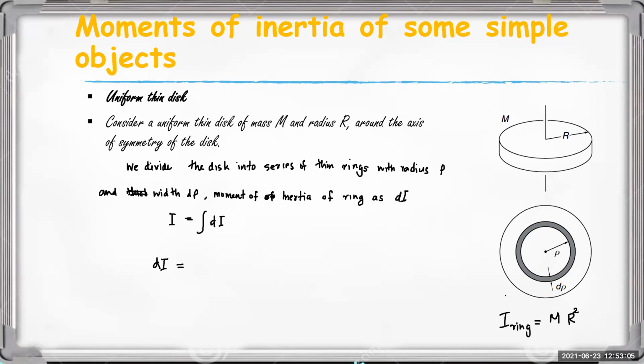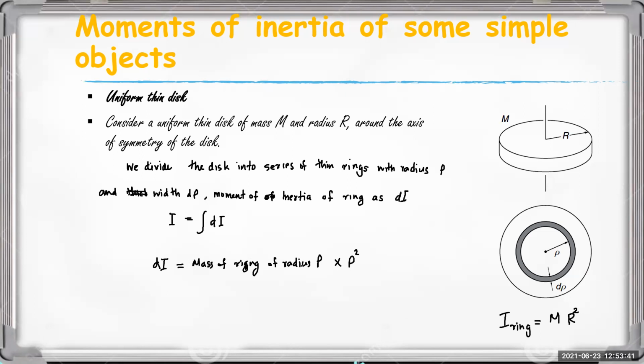Here we have to find di. Di must be equal to the mass of the ring of radius rho into rho square.